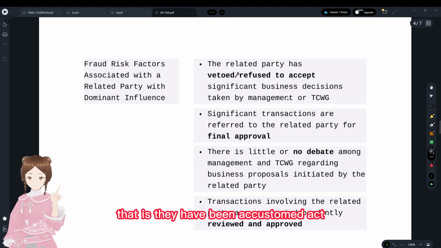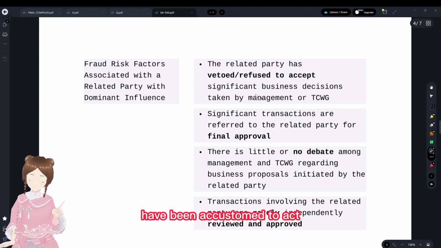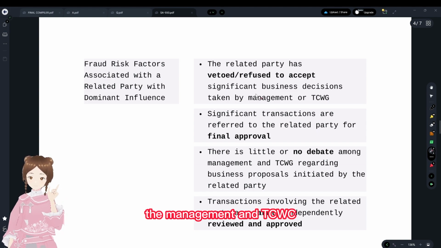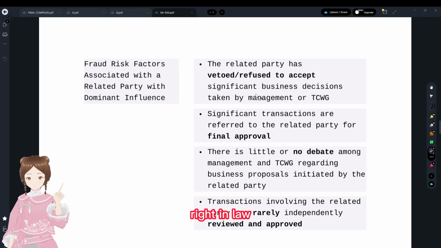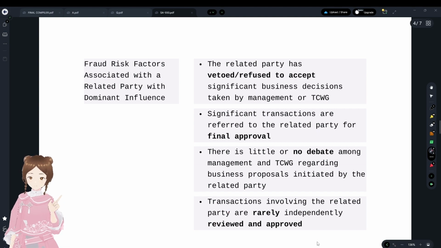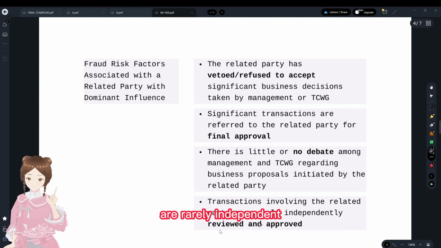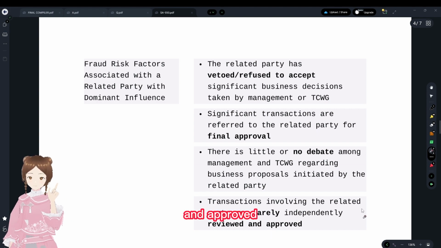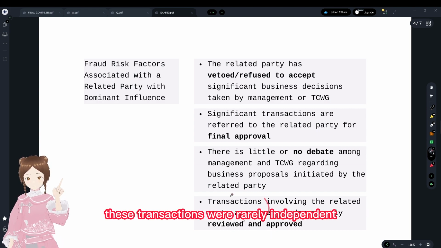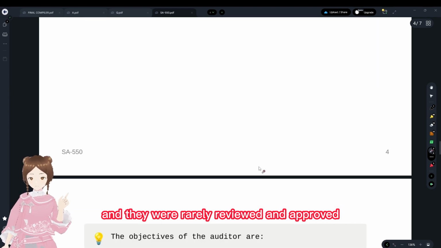That is, they have become accustomed to act that way, the management and TCWG. Heard it somewhere, right? In law. Transactions involving the related parties are rarely independent, and they were rarely reviewed and approved.